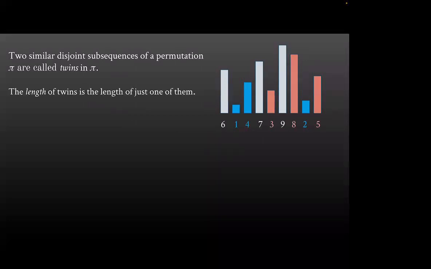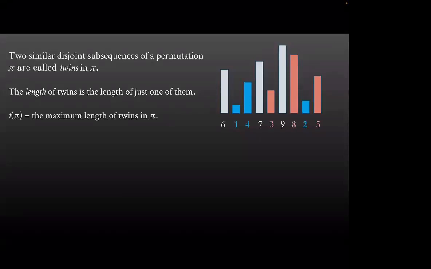And the length of twins is the length of one of them. So for instance, here on this picture, we see two twins of length 3. And by T of pi, I denote the maximum length of twins in a permutation pi. And of course, for instance, in this example, this is not 3, this is equal to 4, because we can find actually longer twins. And here is an example.